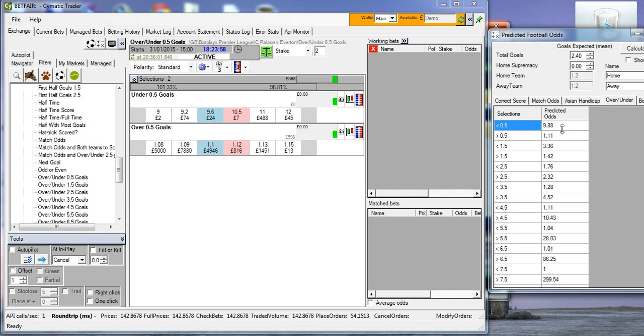So we've predicted unders 0.5 are going to be 9.88, which is pretty accurate in the middle of the two prices trading on Betfair. Overs over 0.5 goals, we reckon 1.11, and look, that's pretty much bang on. That's the mid price of the Betfair market.